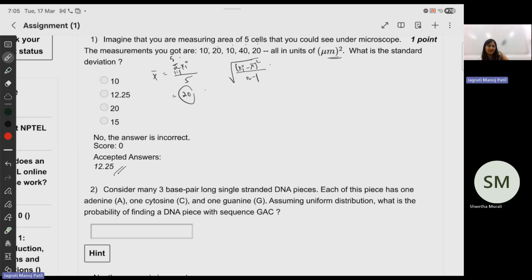How many combinations can you form? Any ideas?